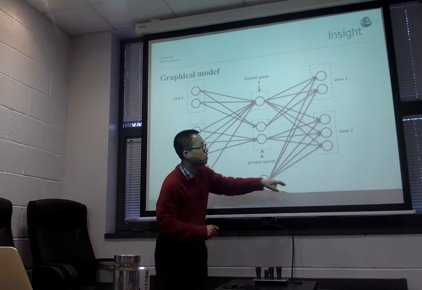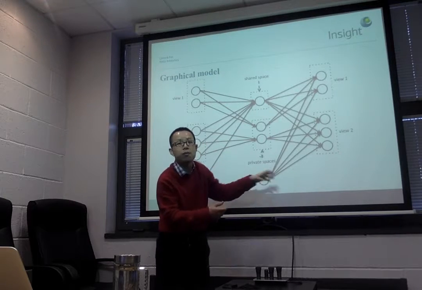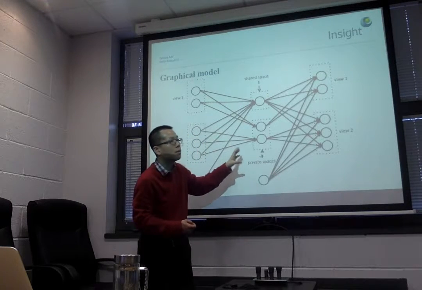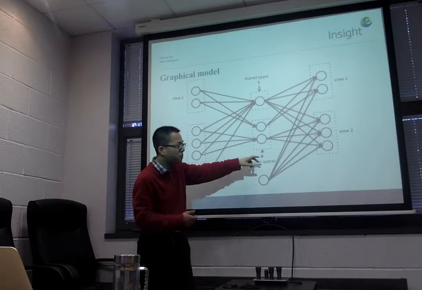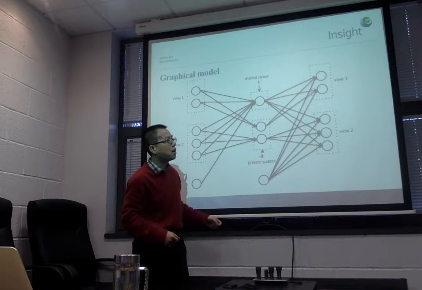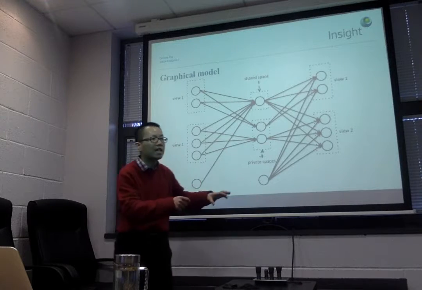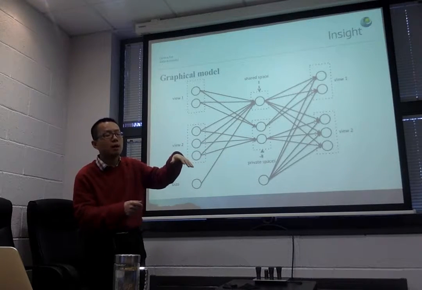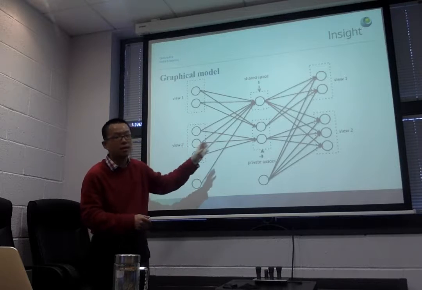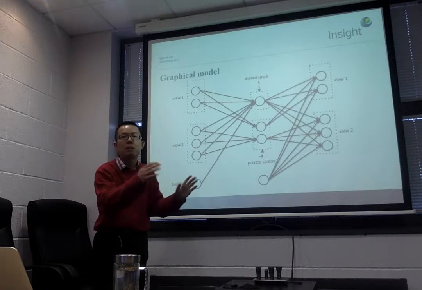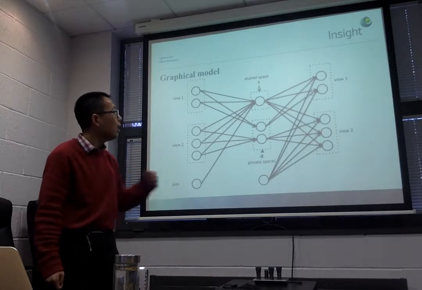So we just use the SVM because it is a classifier. Also, you could use deep learning, because in the early version of deep learning, it is the stacked autoencoders. So it is a similar way. Or the Boltzmann machine.